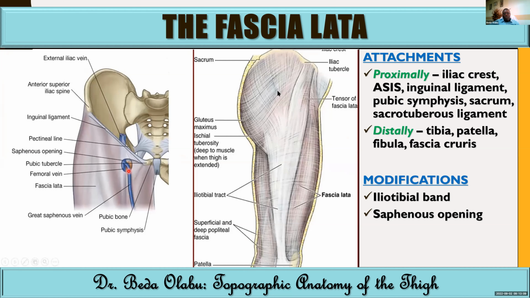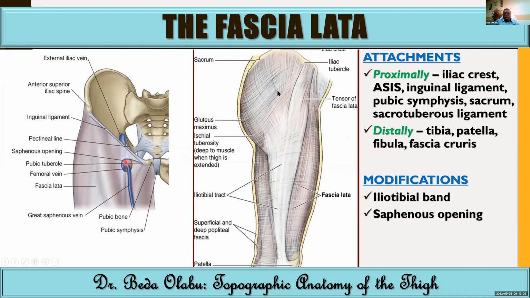We've mentioned those veins that were terminating at the great saphenous vein. They do that actually around this point. So the superficial external pudendal, superficial circumflex iliac, and superficial epigastric can be viewed to be also going through the saphenous opening because they actually enter the great saphenous vein at this particular point.